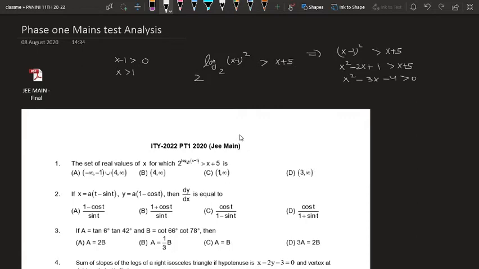Now if we factorize this, x minus 4 times x plus 1 is greater than 0.